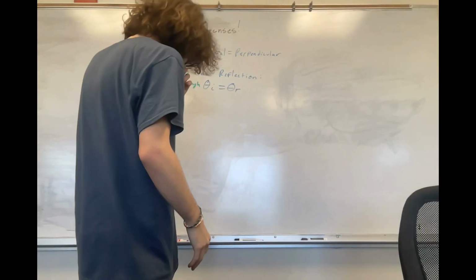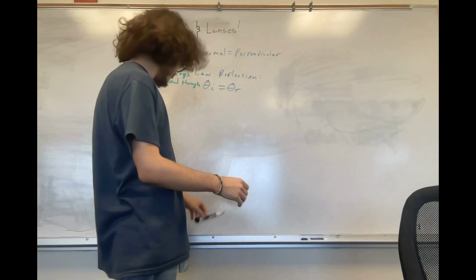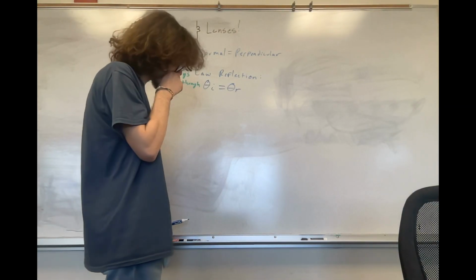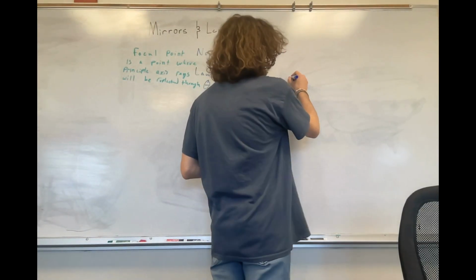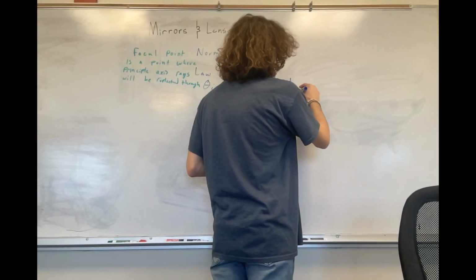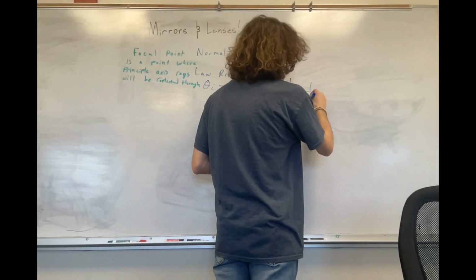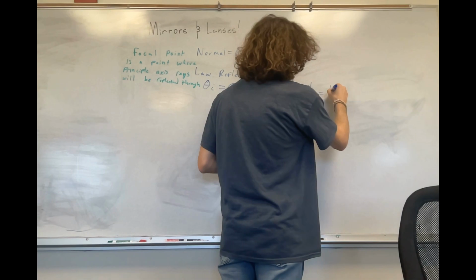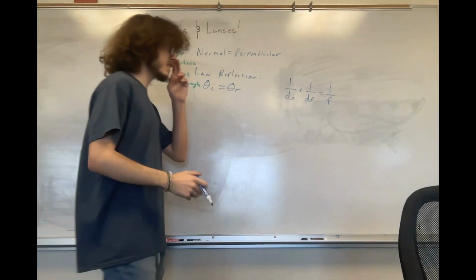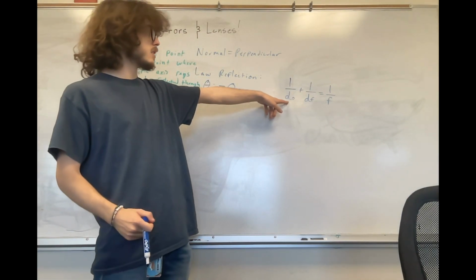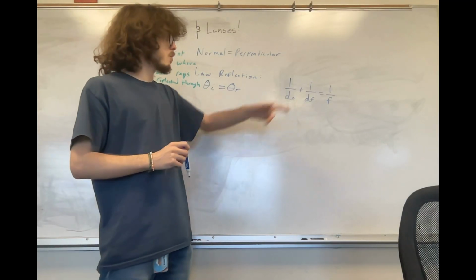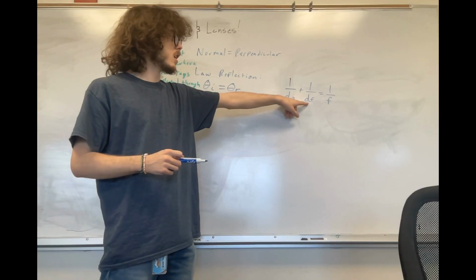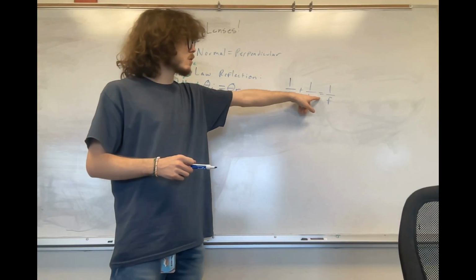Okay, now let's discuss a very important formula. It's called the thin lens equation, or the mirror equation, and it follows something like this. It says that your object distance d sub naught, so wherever your object is, added to 1 over your image distance d sub i is equal to 1 over f.